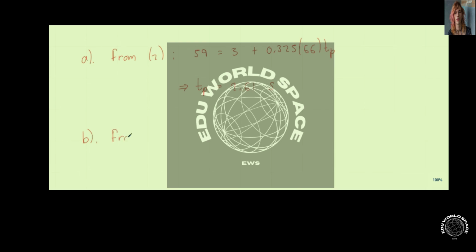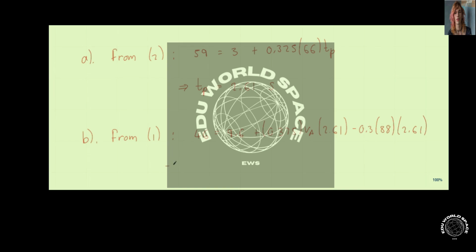And for part B, we can now use equation 1, since we have TP, and we can solve for VA. So in equation 1, we get 46 is equal to 9.6 plus 0.375 multiplied by VA, which we wish to solve for, times TP, which is 2.61, minus 0.3 times 88 feet per second times a time of 2.61.